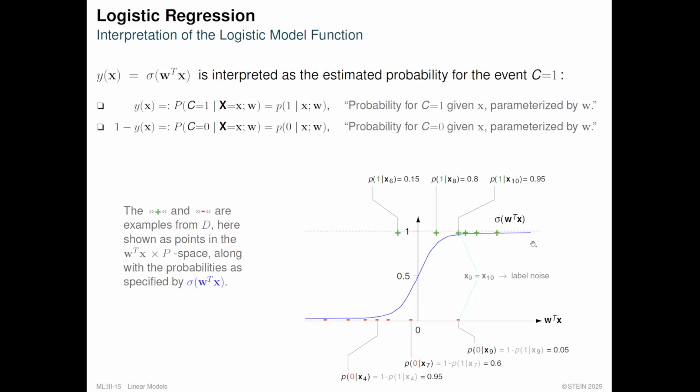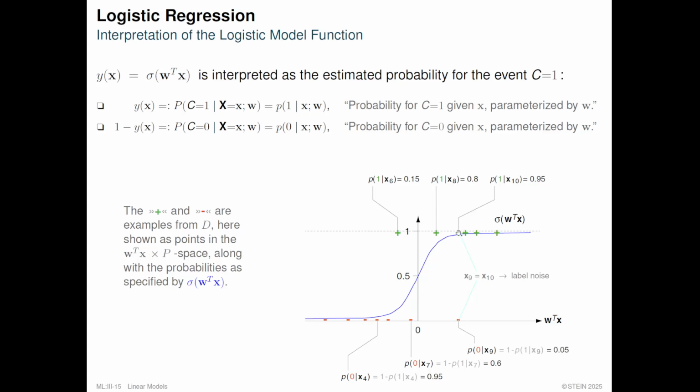So here we have some examples. What we can see here is that we build a threshold, and the threshold in this case, I think, is 0.5. Everything right of it is classified as plus, everything left of it is classified as minus, but what you really get is some probabilities for each point. So the probability that this here is class 0, and 0 is plus, I think, is just 5%, as you can see here.